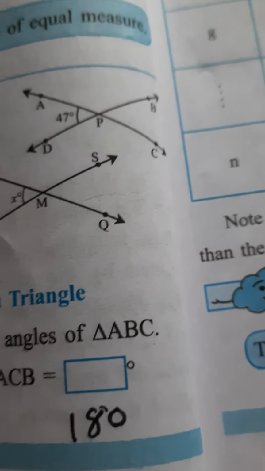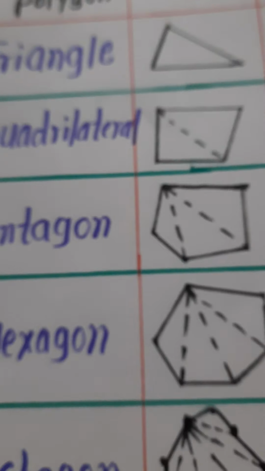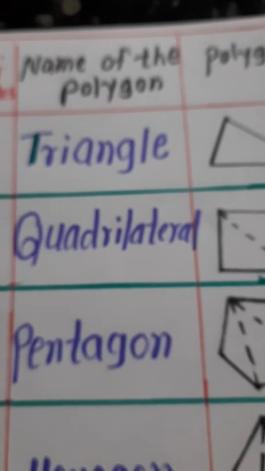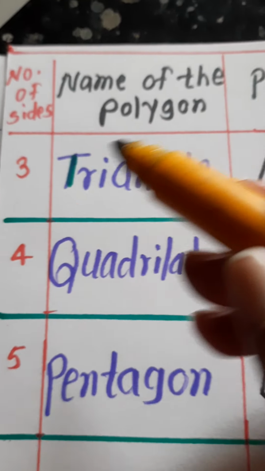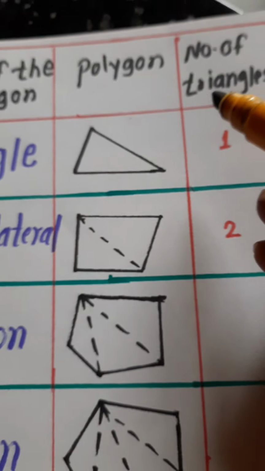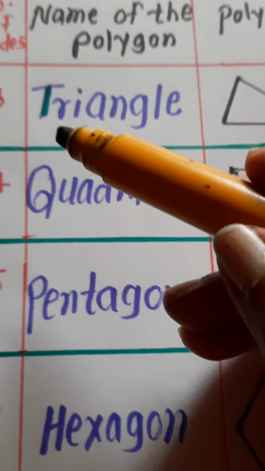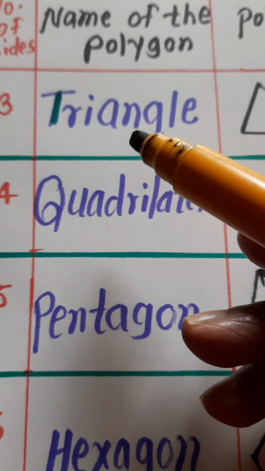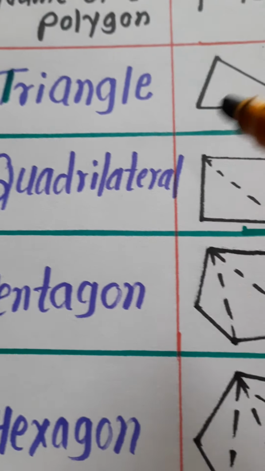Then today we will learn the polygons. See, here I have drawn some polygons. Number of sides, name of polygons, number of triangles, and sum of interior angles. So first is name of polygons, triangles, that is number of sides are 3 sides.